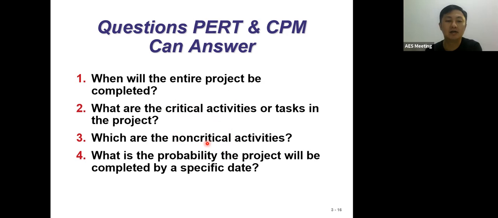Last but not least, we are also able to use probability to know the variance or deviation of your project being completed in a certain time, plus or minus a certain number of days. This is about PERT and CPM, which can answer your questions accordingly.